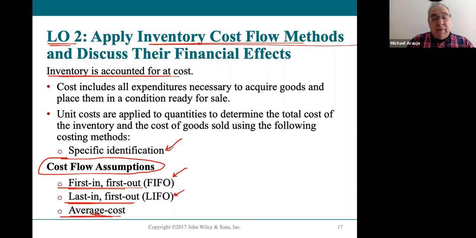If you work for someone who builds very unique homes, very unique automobiles or luxury yachts, I mean, I'm talking real unique, then that company might be using specific ID. But you and I, in the form of retail, they're not using it. So we're going to stick with these other three.